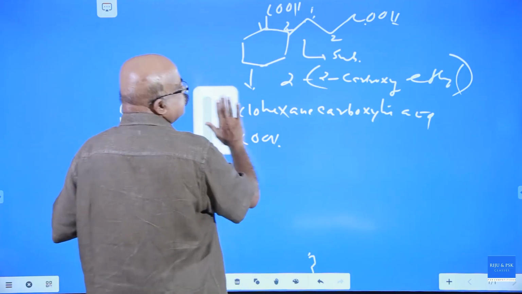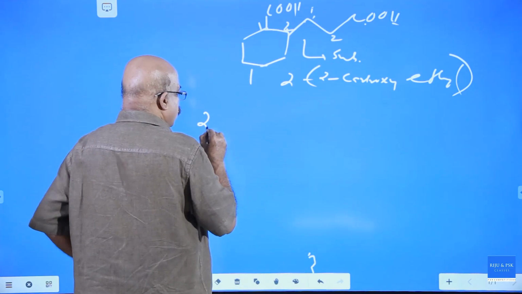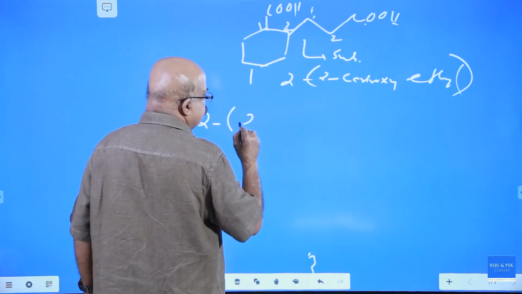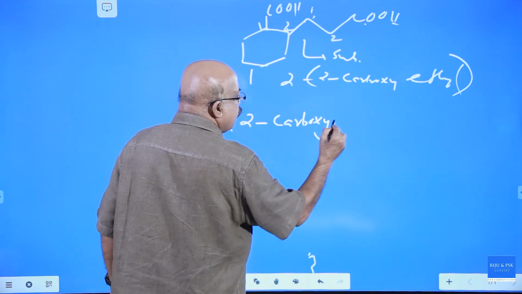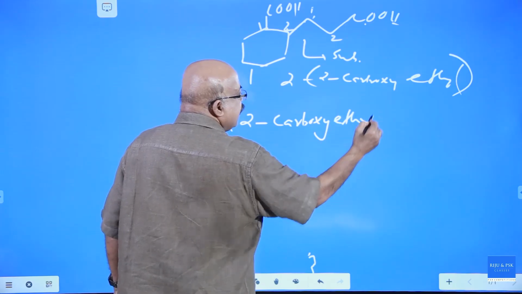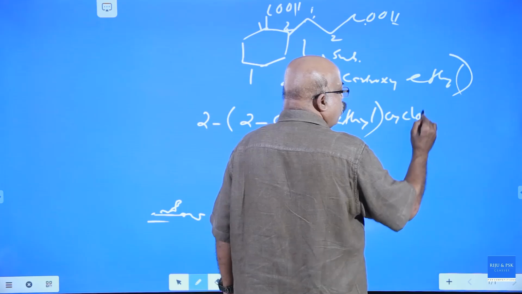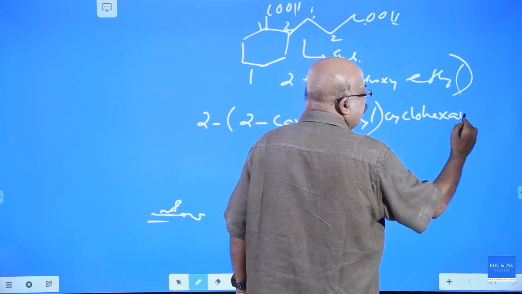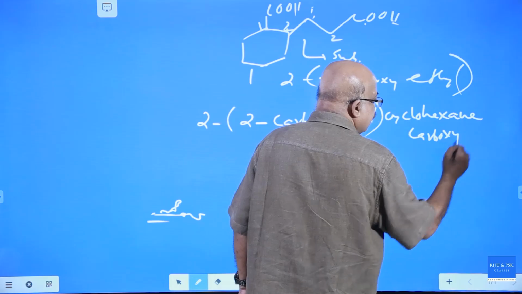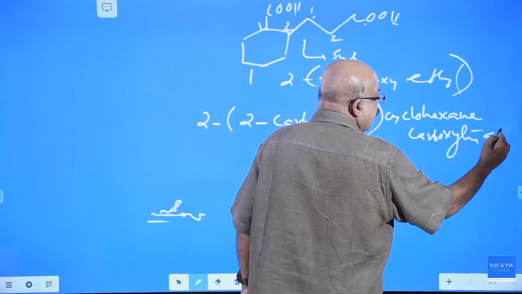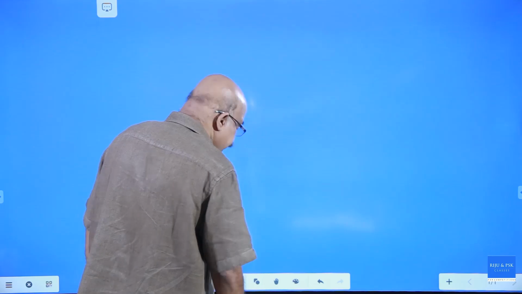Its name is 2-carboxyethyl cyclohexane carboxylic acid. Clear? Clear.